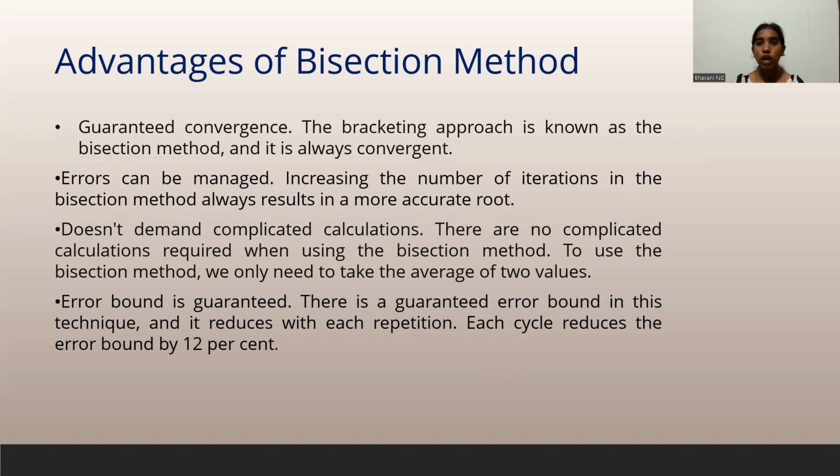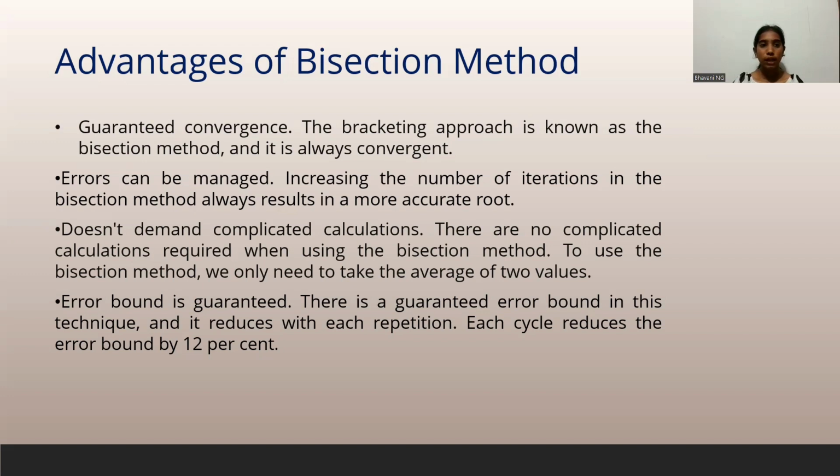The advantages of using bisection method: guaranteed convergence. The bracketing approach is known as the bisection method and it is always convergent. Errors can be managed; increasing the number of iterations in the bisection method always results in a more accurate root. Does not demand complicated calculations.